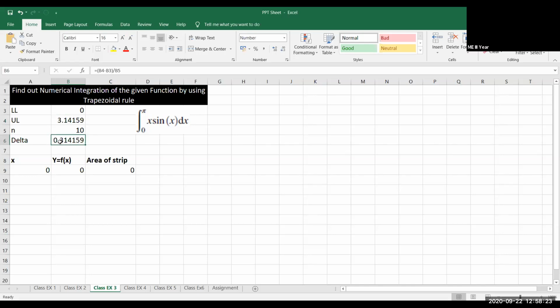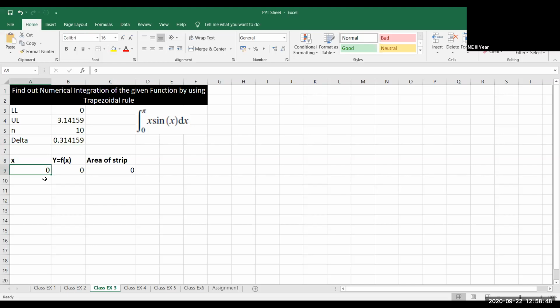The delta value is nothing but b minus a divided by n. So b is the upper limit, 3.14. So this cell number minus this cell number divided by this cell, so we will get the delta value.